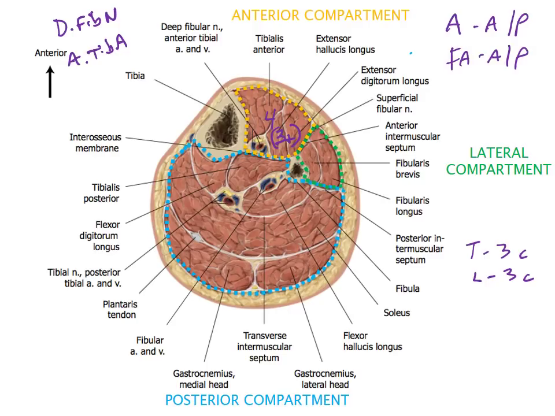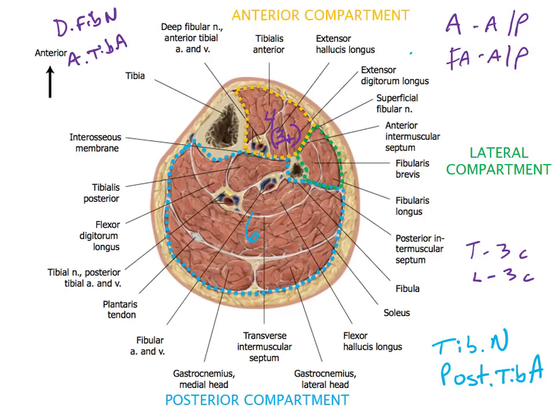The posterior compartment is the largest with 6 muscles that are innervated and supplied by the tibial nerve. So here we have in the posterior compartment the tibial nerve, and its blood supply is by the posterior tibial artery.